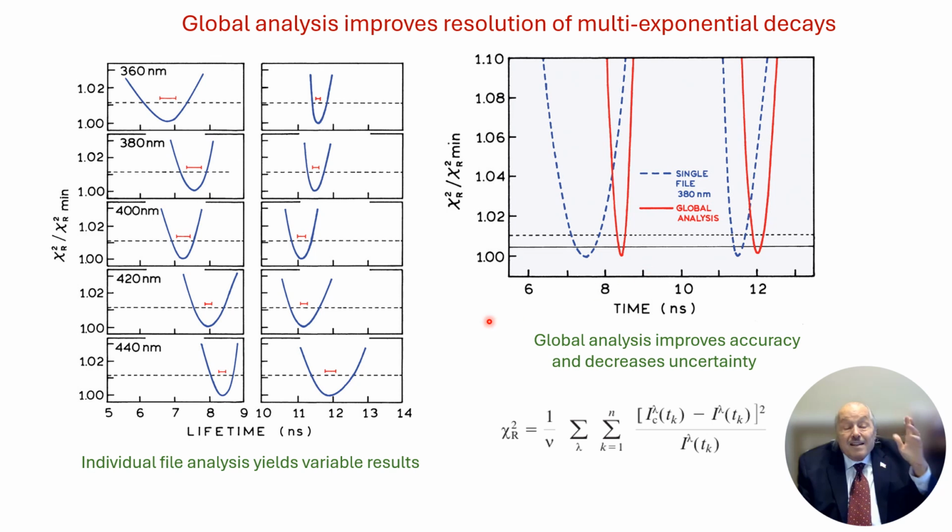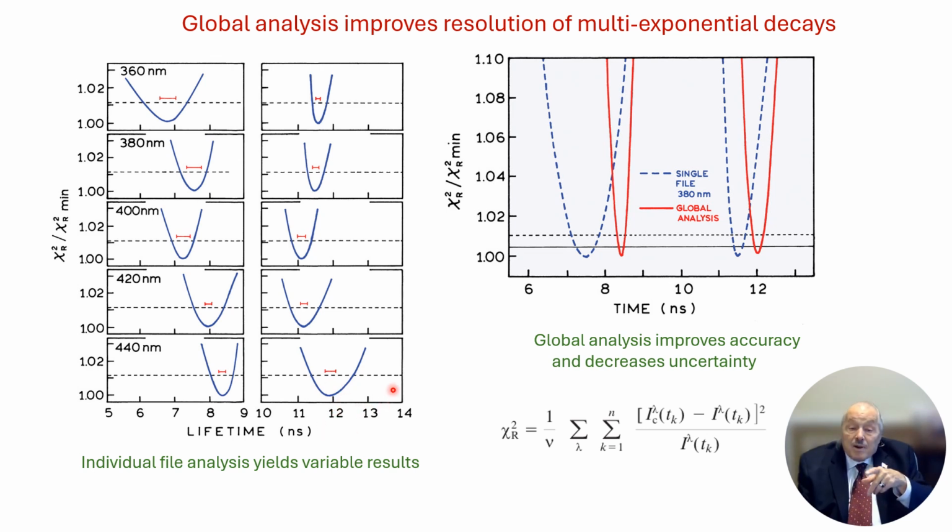Oh, I forgot to make an important point. We call these the chi-squared surfaces, and I think this is the best way to know how good your parameter values are, because the way the chi-squared surface is calculated is you have your final result, you change one of the result values by a little bit, refit the curve, and see what the chi-squared is, and you do that 20, 50 times across the sample.